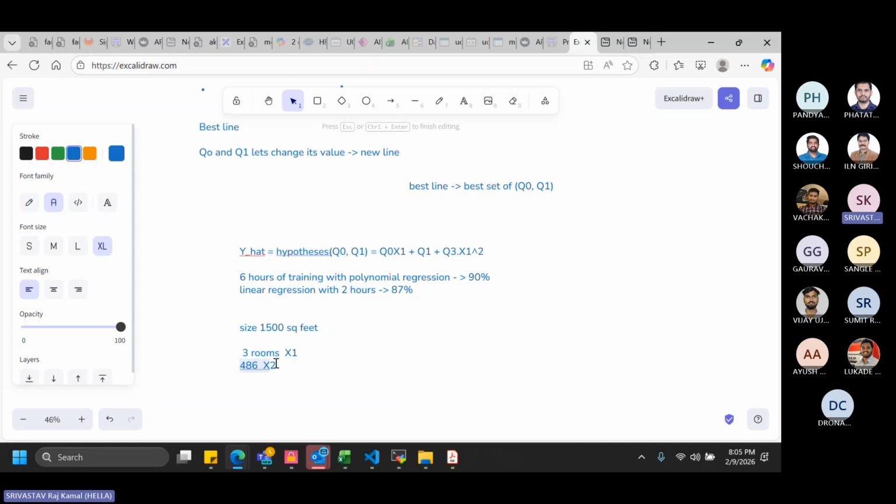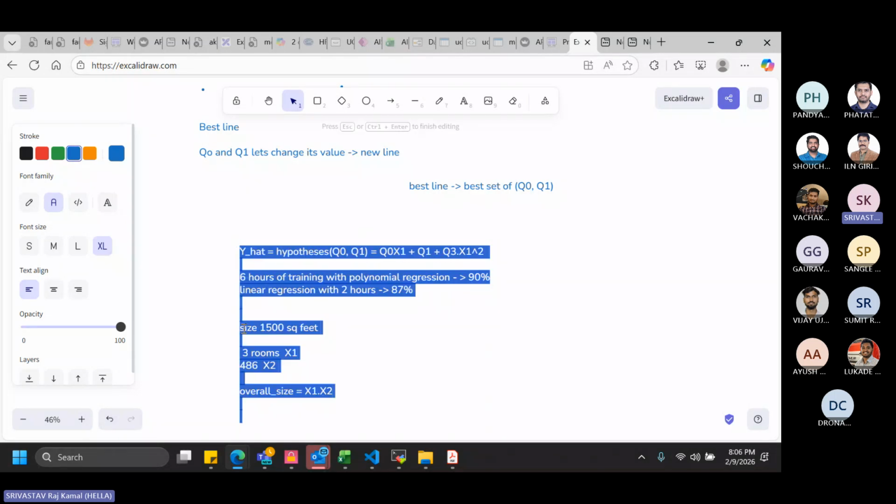Now, if I create a new feature, overall size, what it would be? x1 times x2, right? Eventually you are getting the same information here, but right now this equation or this variable becomes polynomial, right? But think in terms of information: the overall size of this house was eventually coming from just these variables as well.